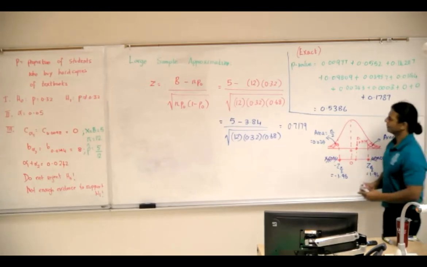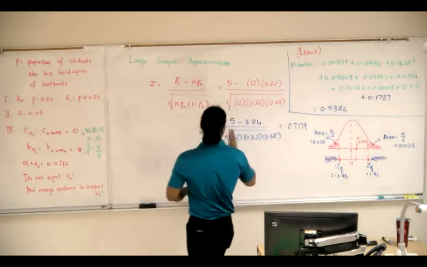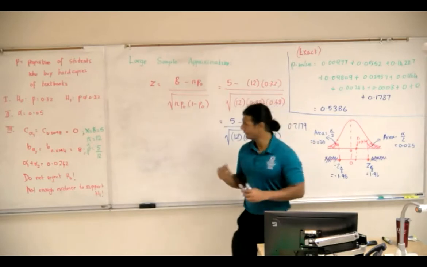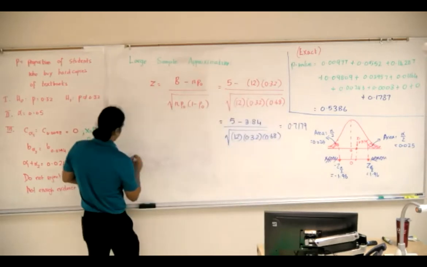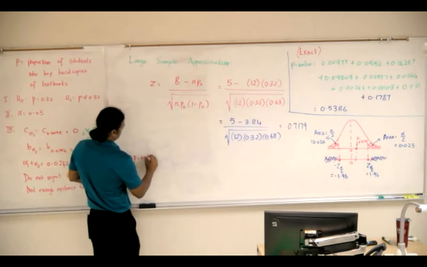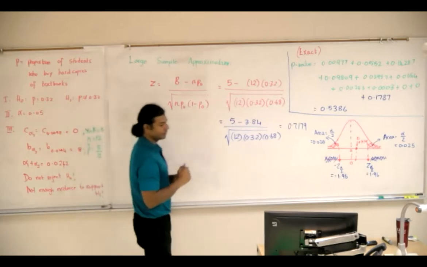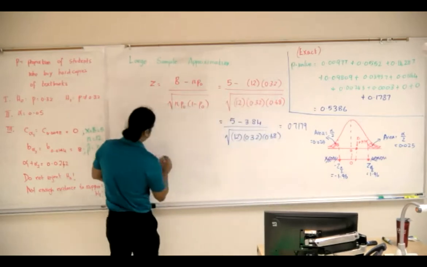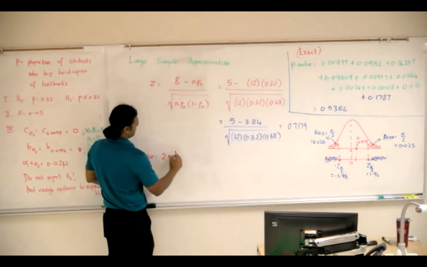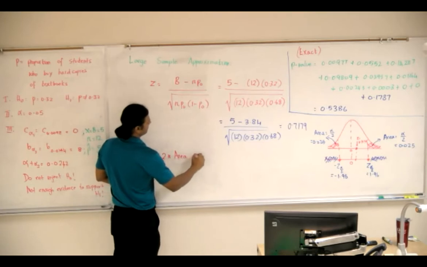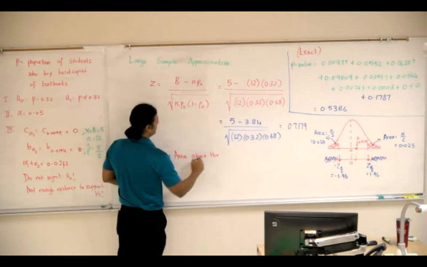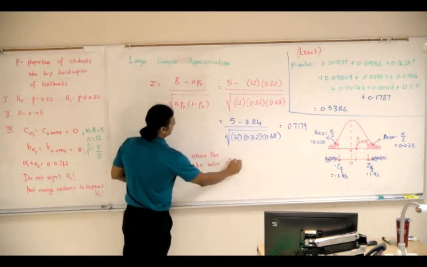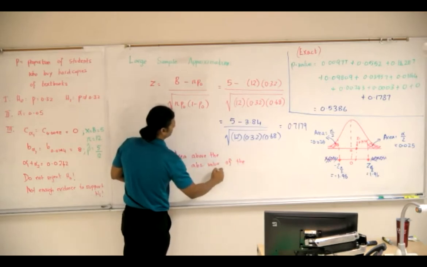No. We can find the approximate p-value using a normal approximation. Here, a normal distribution is symmetric. So it is 2 times the area above the absolute value of the test statistic.